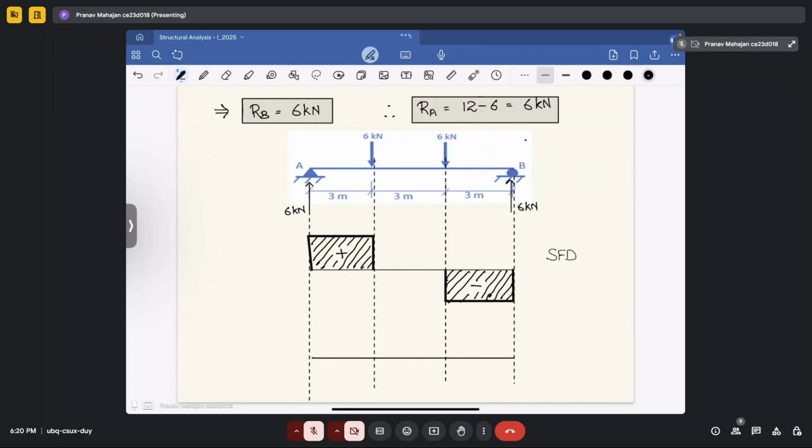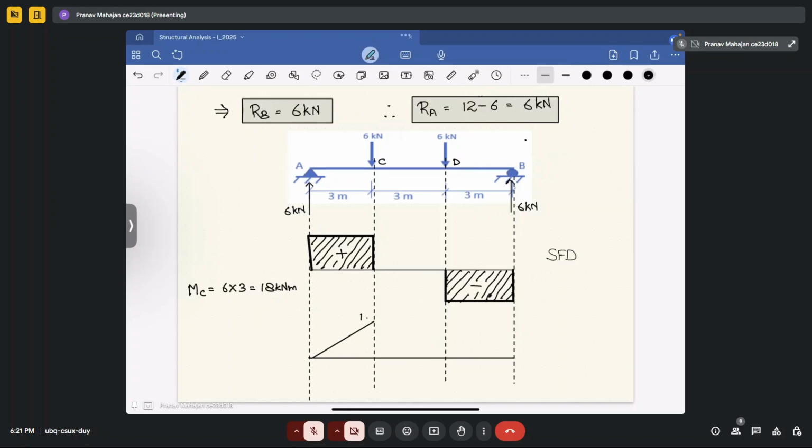You will get a linear relationship between moment and the load. So in this point, since 6 is acting, it will be 6 into the distance. So at this point, what will be your moment? Suppose this is point C, this is point D. So your MC will be equal to 6 into 3 equal to 18 kilonewton meter.